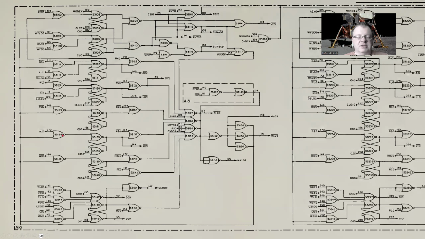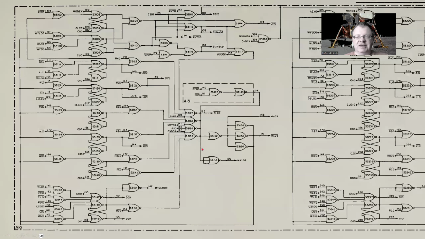The bit depth of the Apollo Guidance Computer is that each register is generally 16 bits. One of them is a parity bit, and one of them is a sign bit. So you've got basically 14 bits of data, and then, like I said, the parity bit for error correction, and then a sign bit.